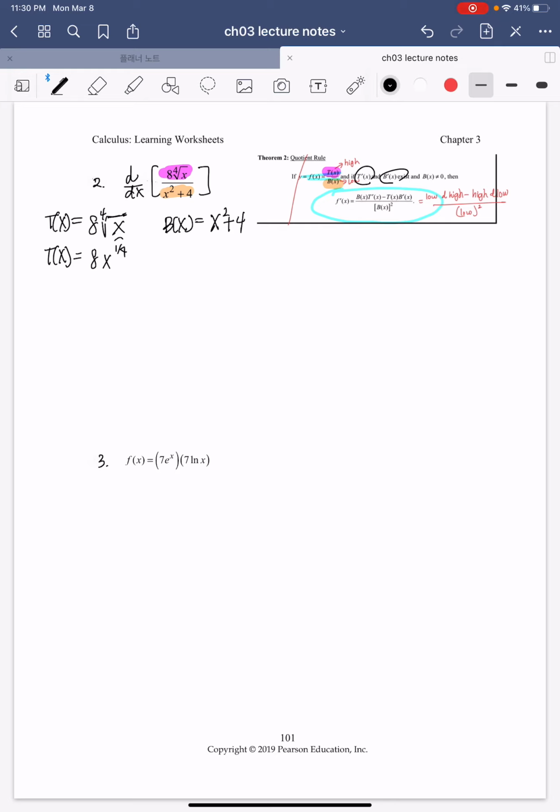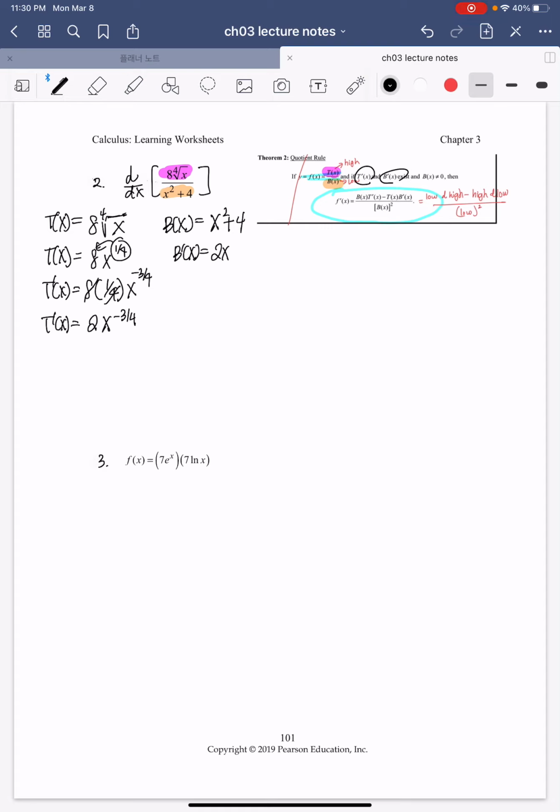So this one over here, bring down 8 times 1/4. Subtract 4/4 gives me negative 3/4. So my t prime of x really is 2x to the negative 3/4. My b prime of x is easy. That's 2x, and that's it, because 4 is a constant.